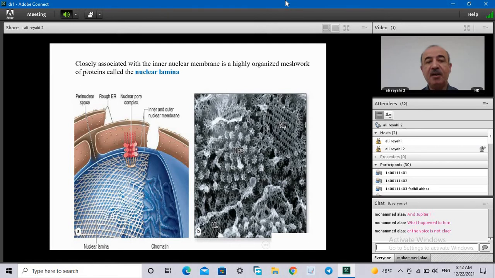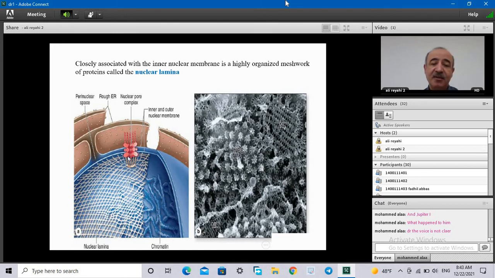Lamina, closely associated with the inner nuclear membrane, is a highly organized meshwork of protein called nuclear lamina. It supports the inner membrane of the nuclear envelope. And in this picture you can see the outer membrane of the nuclear envelope continues with the rough endoplasmic reticulum.